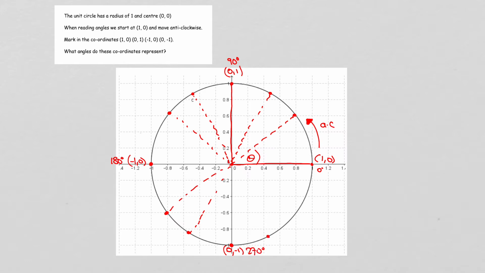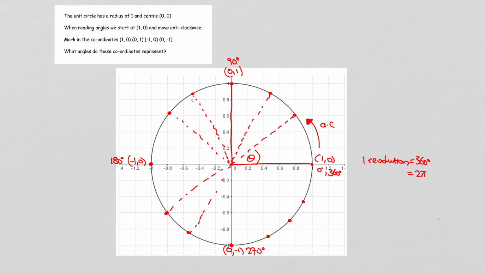And as I continue along the circumference and keep going, I end up back where I started at the point 1, 0. In other words, I have now gone one full revolution, which is 360 degrees. So one revolution from 1, 0 back to 1, 0 is 360 degrees, or 2 pi if we were talking radians.